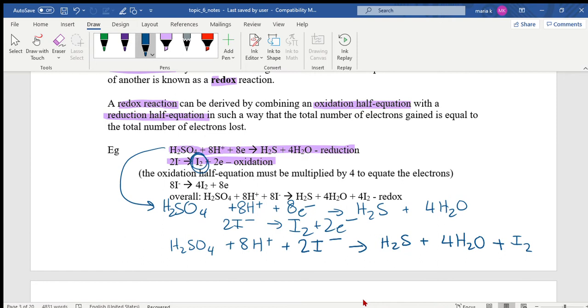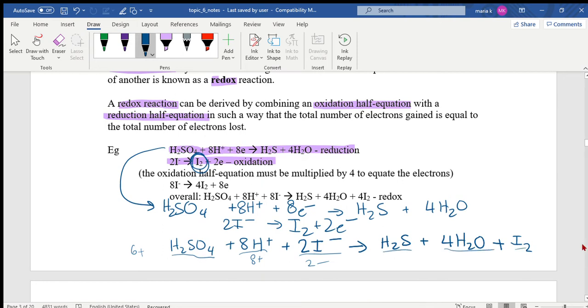Now H2SO4 is neutral, 8H plus 8 plus charge. This has a 2 minus charge, so the total on the left side is a 6 plus. On the right side, this here is neutral, this here is neutral, and so is this.